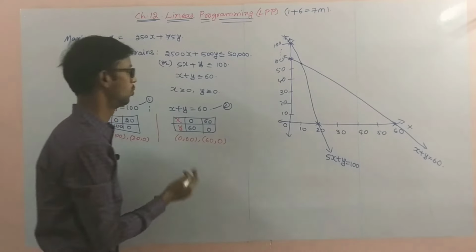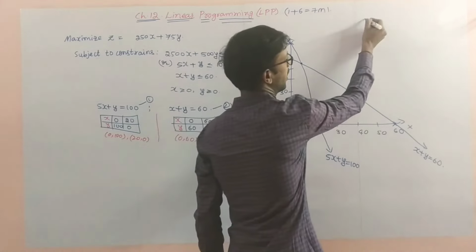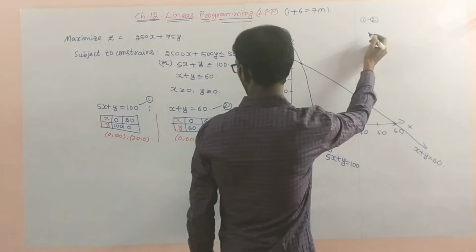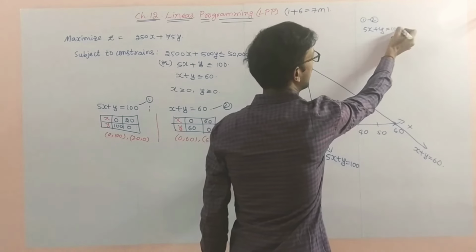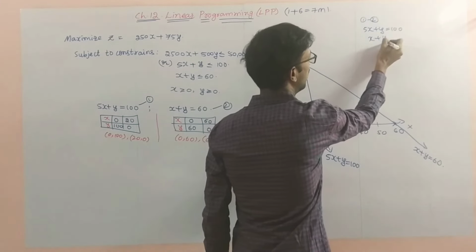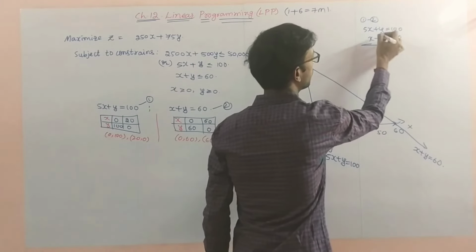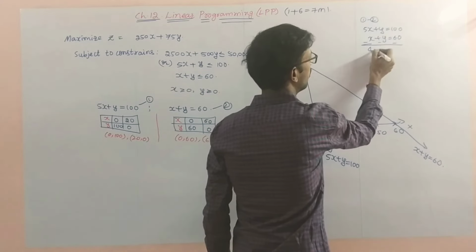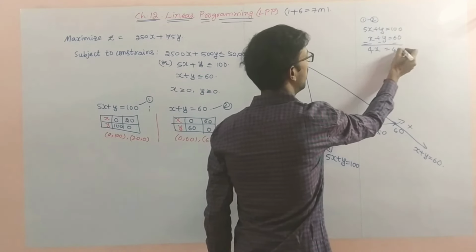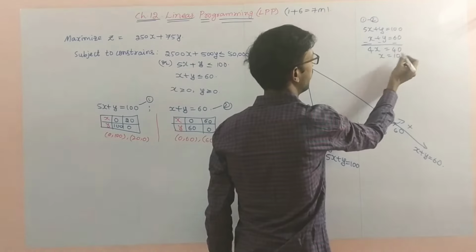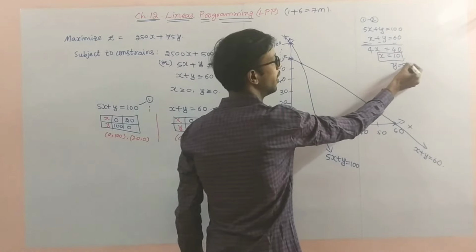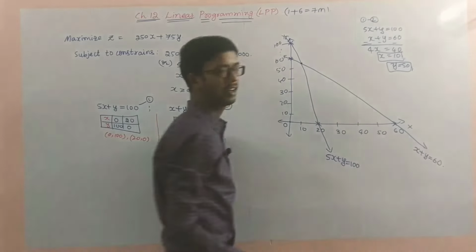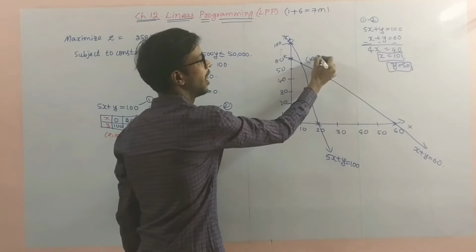Solving 1 minus 2: 5x plus y equal to 100 and x plus y equal to 60. Subtracting, 4x equal to 40, so x equal to 10. X equal to 10 means y equal to 50. The intersection point should be 10, 50.